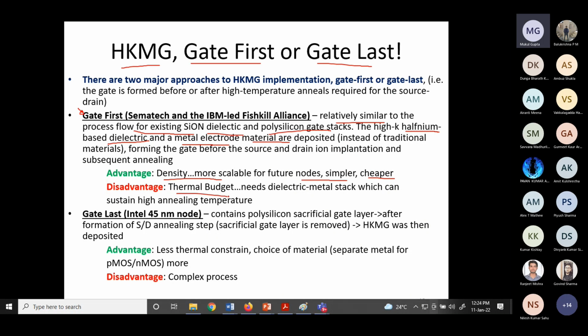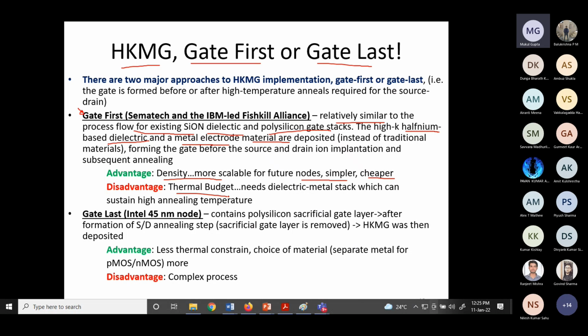As I mentioned, you have to choose a metal which not only has good adhesion with the high K dielectric layer, but also it should sustain high annealing temperature, right? The temperature during diffusion and all that. So it should remain intact in all those harsh environments.